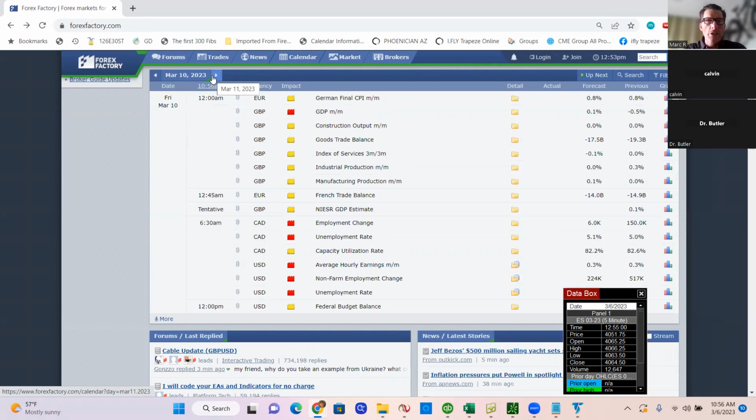Friday, you don't generally have too much news on Fridays in the US. Sometimes these things will shift based on holidays. So unemployment rate Canada, yes, red folder, not too important for us, but non-farm employment change and unemployment rate, red folder in the US, 6:30 a.m. You might see some movement.